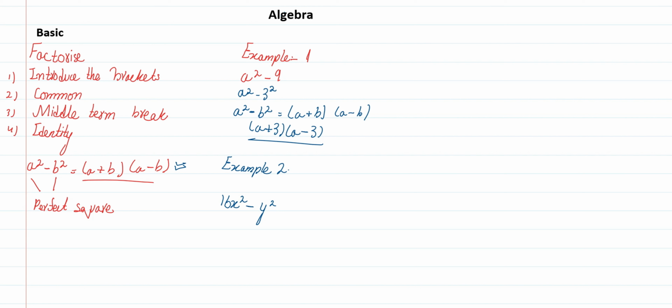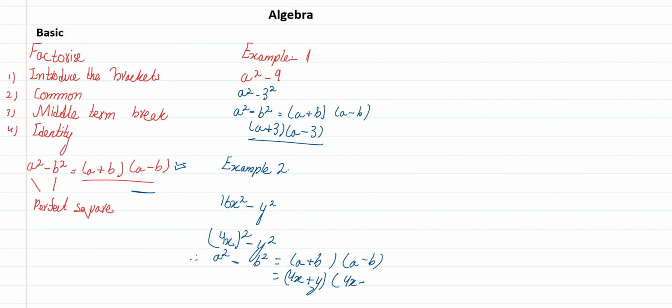So you can also write it like this: 4x whole bracket square minus y square. Now you have to use this identity: a square minus b square, a plus b, a minus b. Now just look, a becomes 4x. So 4x plus y, again 4x minus y.